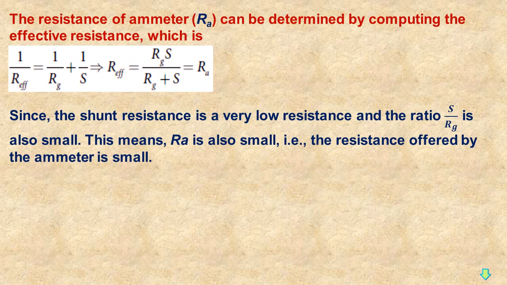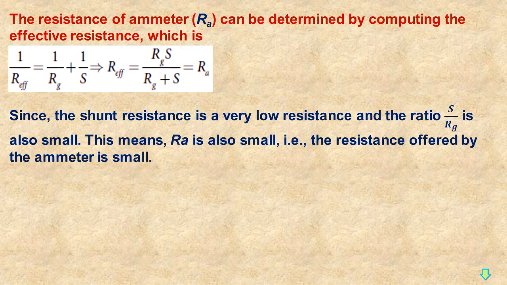Since the shunt resistance is very low and the ratio S by Rg is also small, this means Ra is also small. That is, the resistance offered by the ammeter is very small. If we connect the ammeter in series, the ammeter will not change appreciably the current in the circuit.